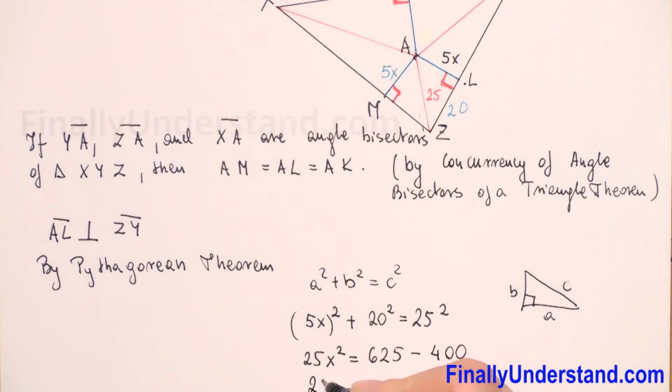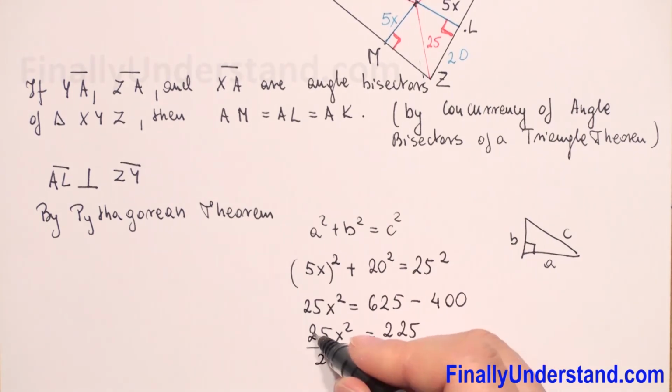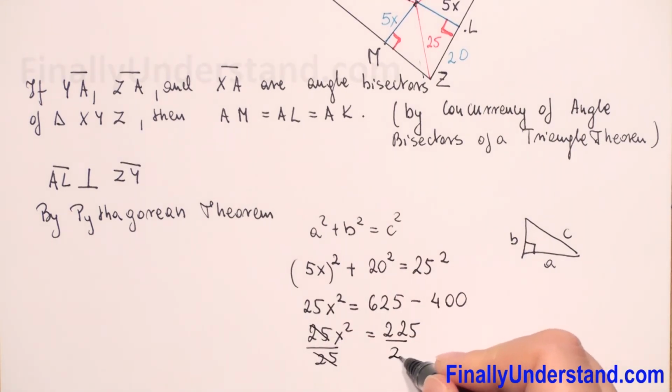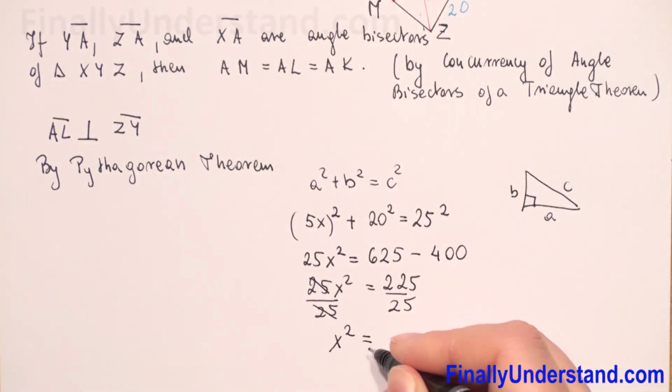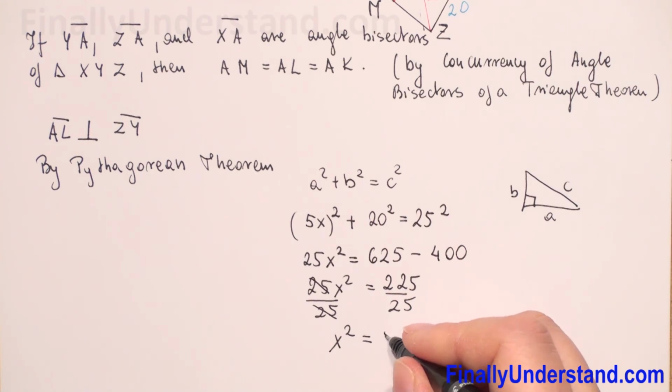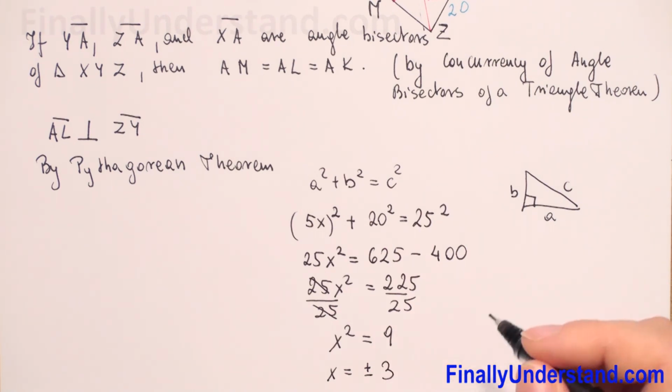So we have 25x squared is equal to 225. Now we will divide both sides by 25. So 25 and 25 we can reduce, and we have that x squared is equal to 9. So x is equal to plus or minus 3.